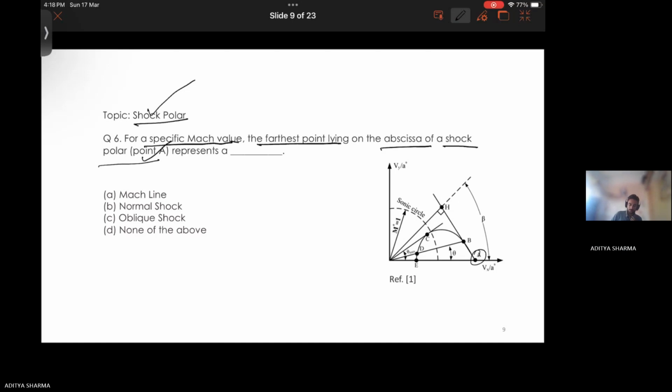Okay, so if you see point A, at least one inference you can make from this point is that angle theta is equal to 0 degree.